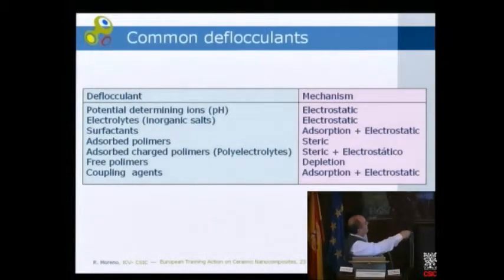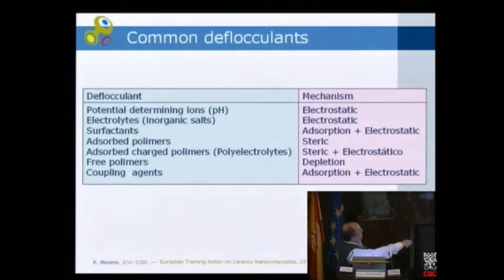So in summary, we can deflocculate a suspension by introducing potential determining ions, that is the pH, or electrolytes, salts, like the tripolyphosphates, carbonates, and so on, often used in traditional ceramics. We can introduce surfactants, and in the case of charged surfactants, we also have an electrostatic mechanism. We can introduce adsorbed polymers to provide steric stabilization.